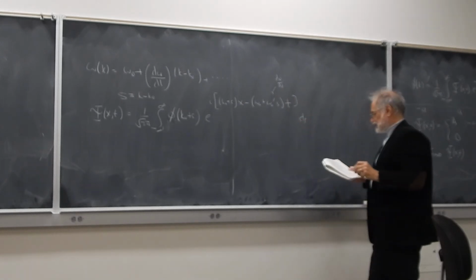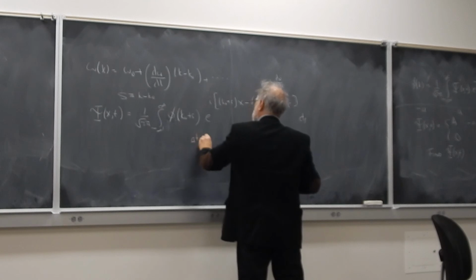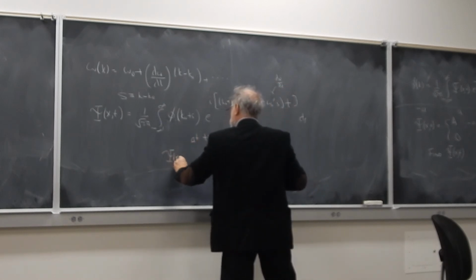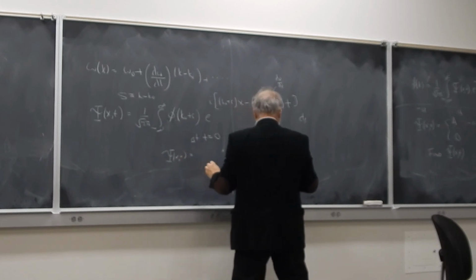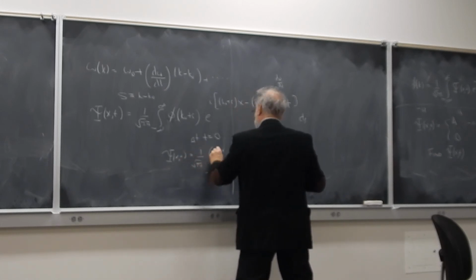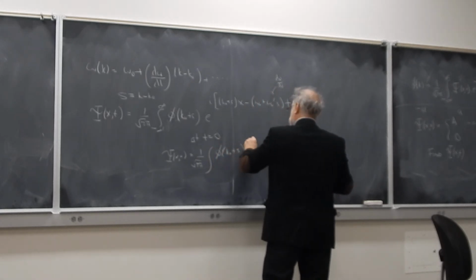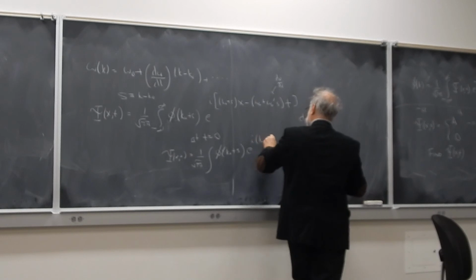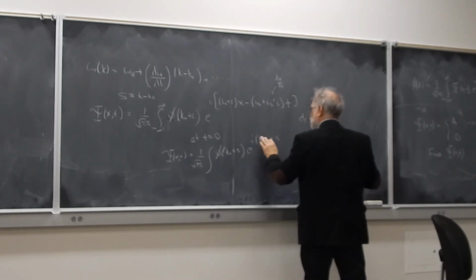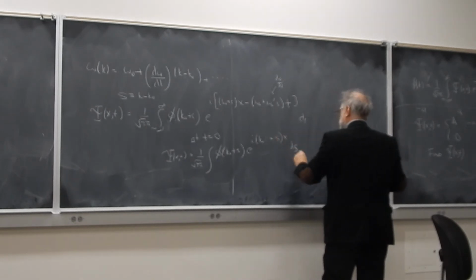So at t equals 0, psi of x and 0 is simply 1 over square root of 2 pi, integral of phi of k naught plus s, e to the i, k naught plus s times x, ds.